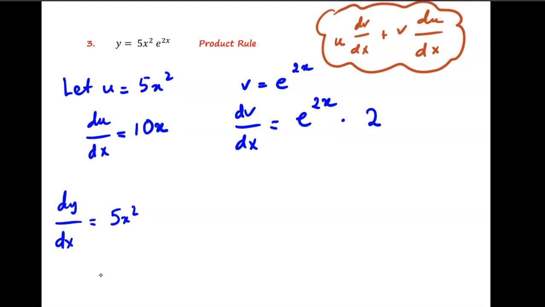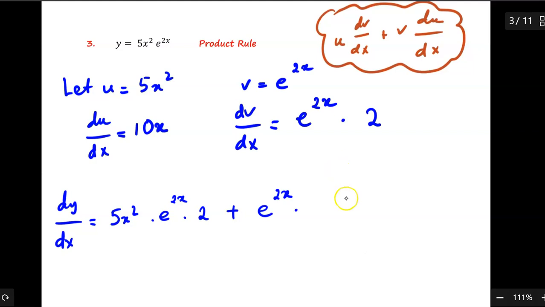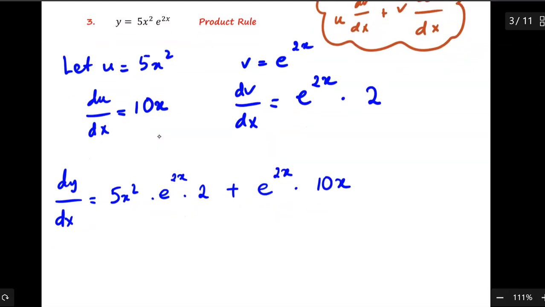Okay, so u times dv over dx, which is e raised to exponent 2x times 2. And then I add that with v, which is e raised to exponent 2x. And I multiply that with du over dx, which is 10x.